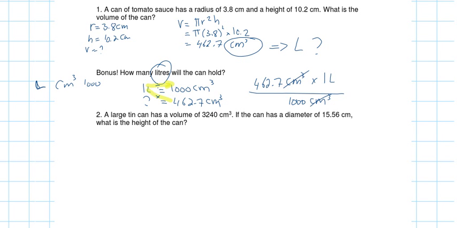Liter, and that's what I'm looking for. Perfect. So that's going to be 462.7 divided by 1,000, so that's going to be 0.4627 of a liter.